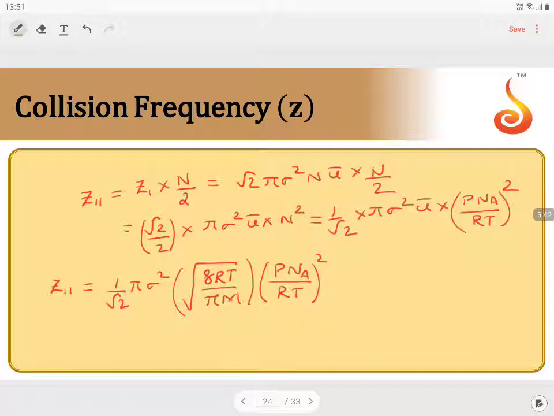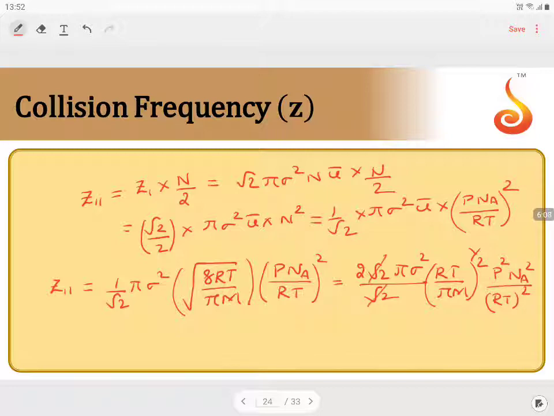Root 8 can be written as 2 root 2. So we can write 2 root 2 pi sigma square by root 2 into RT by pi m whole power 1 by 2 into P square Na square by RT whole square.